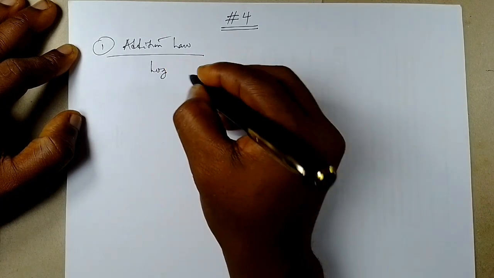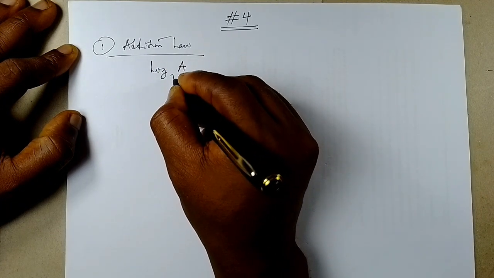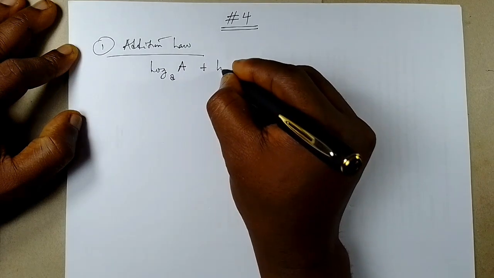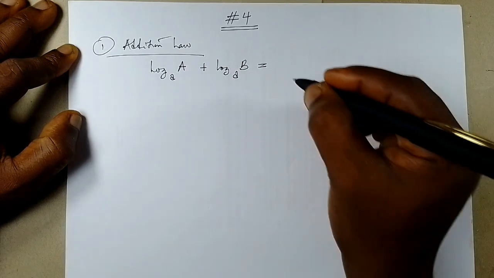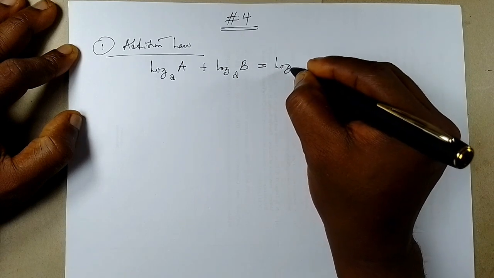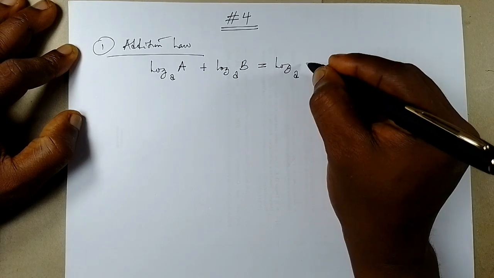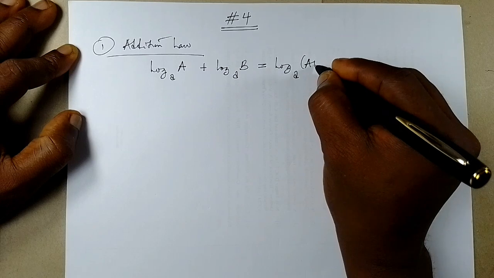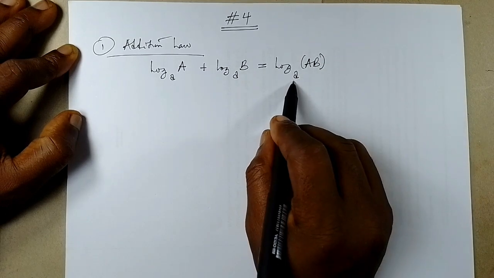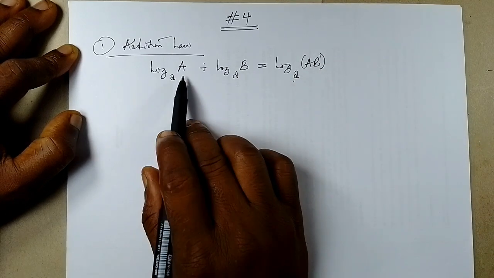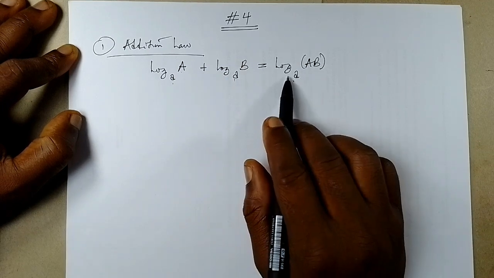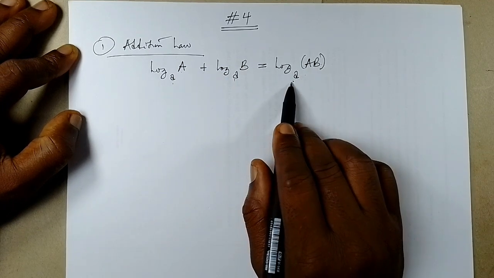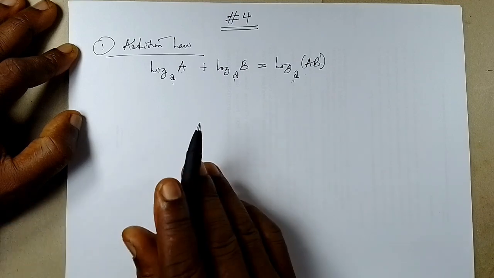So if I have the logarithm of a number a in base a added to the logarithm of a number b in base a, then by this addition law of logarithm, my result will be the same as multiplying these two numbers in that base. So log a to base a plus log b to base a will be equal to log a times b to base a, and that is the law.